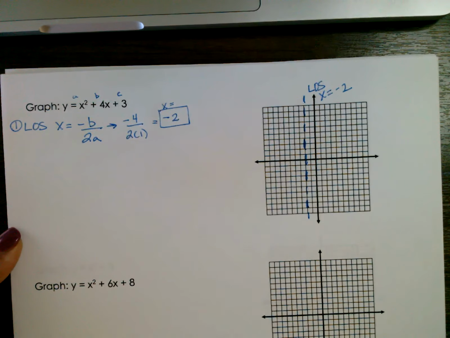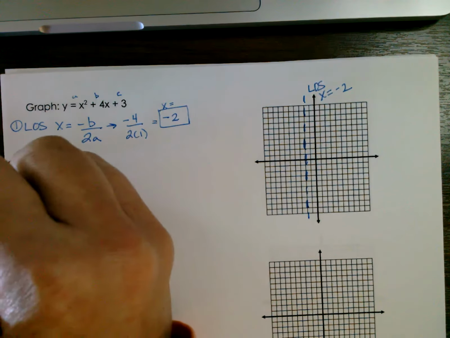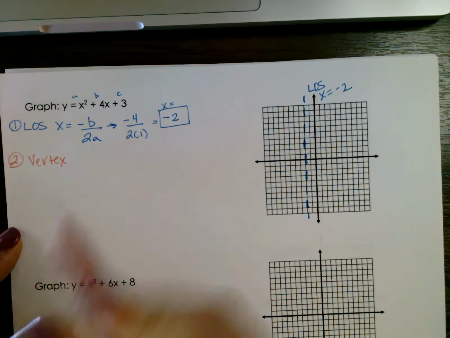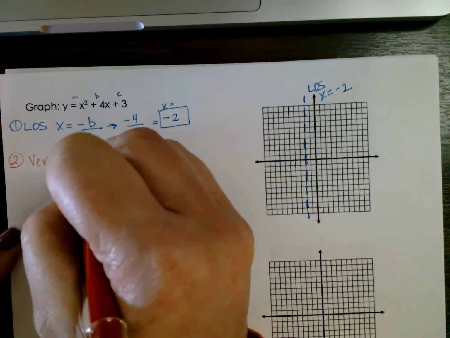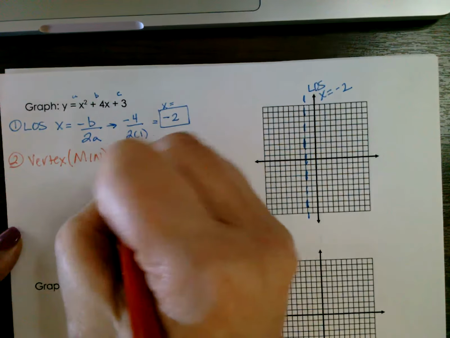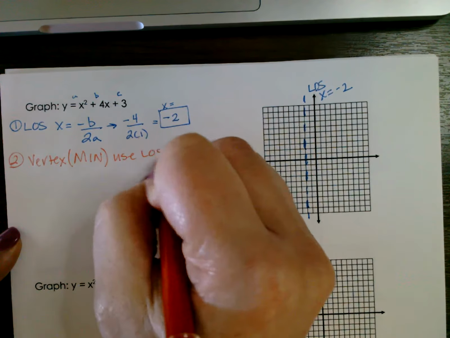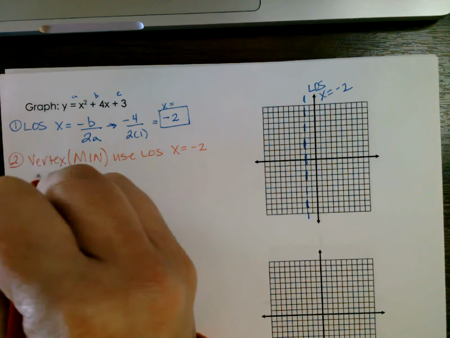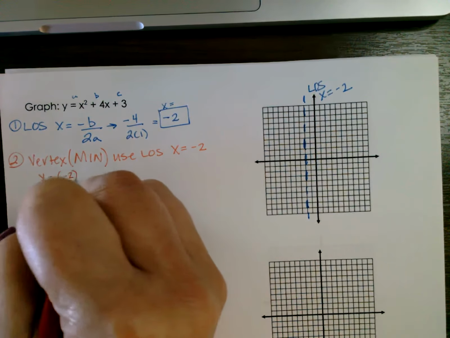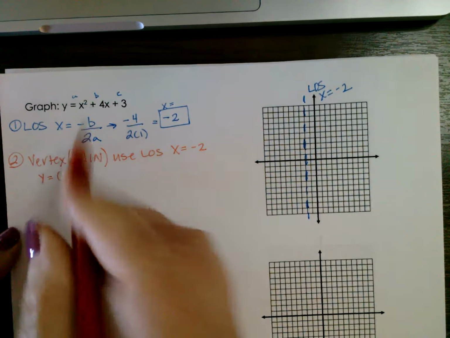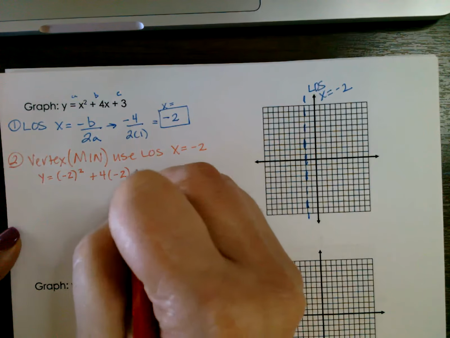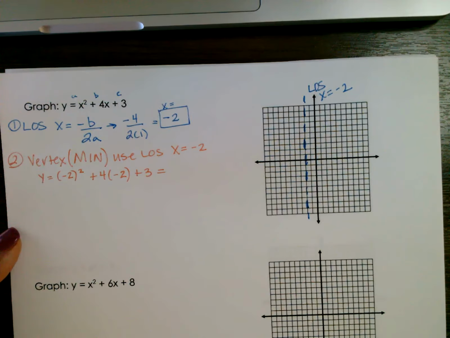Very nice. From there, we go to our vertex. It's positive, so we're going to have a minimum. And we need to use the line of symmetry where x is negative 2. I'll put that into my equation. Negative 2 squared plus 4 times negative 2 plus 3.